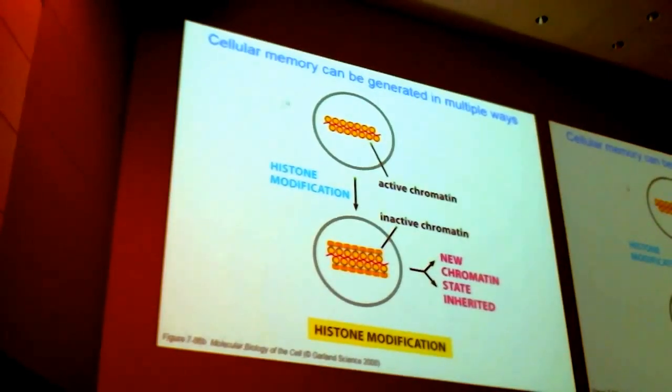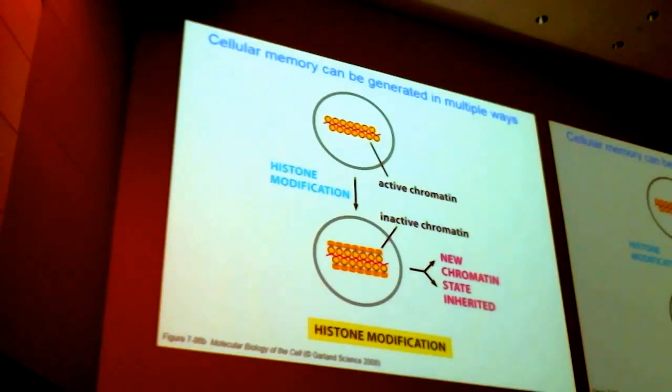You can imagine if a cell has active chromatin, some modification step happens that makes the chromatin now inactive. Then because there are mechanisms that can perpetuate all the chromatin marks across DNA replication, across cell division, you can have that new chromatin state just be remembered across.